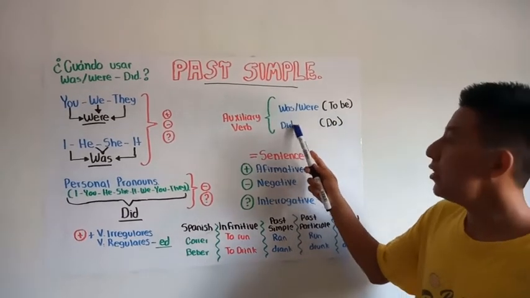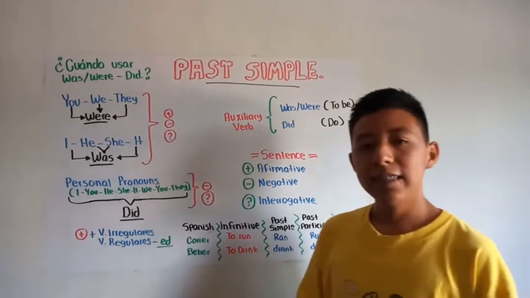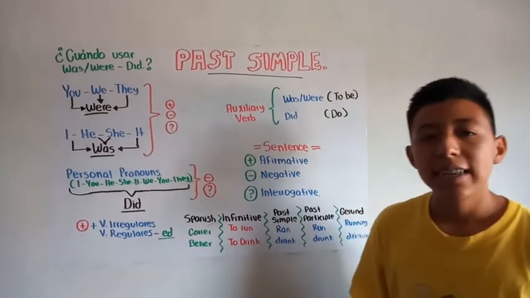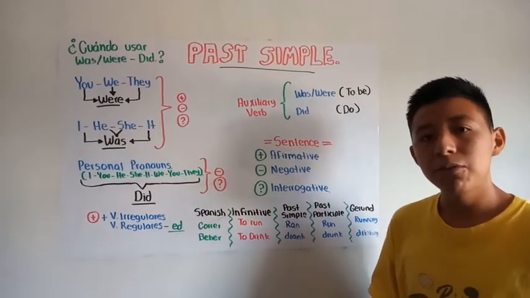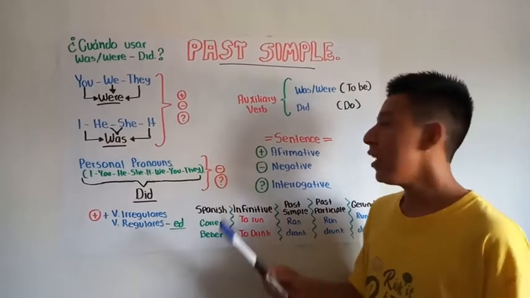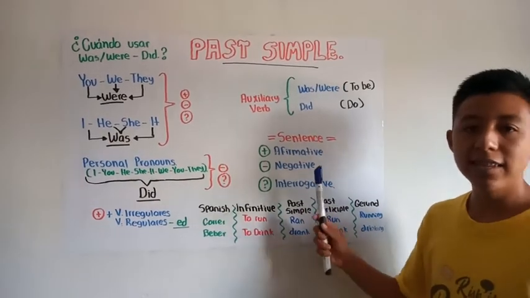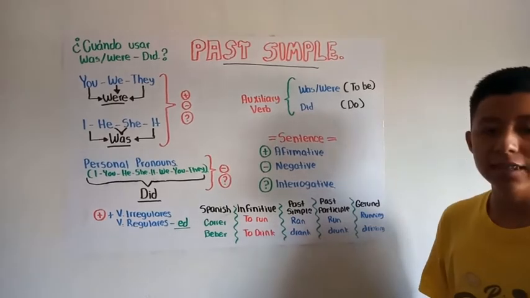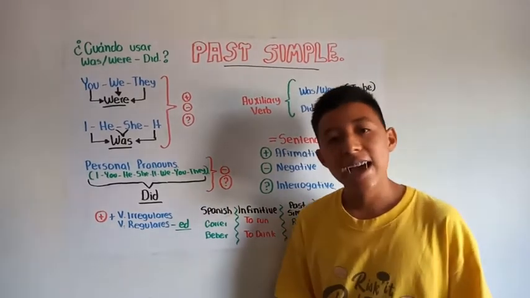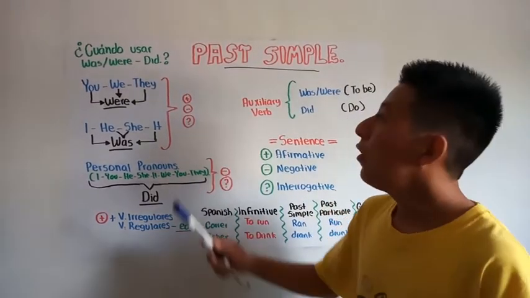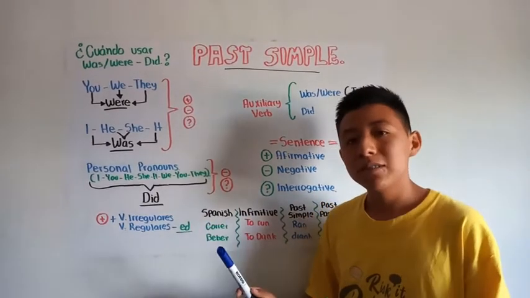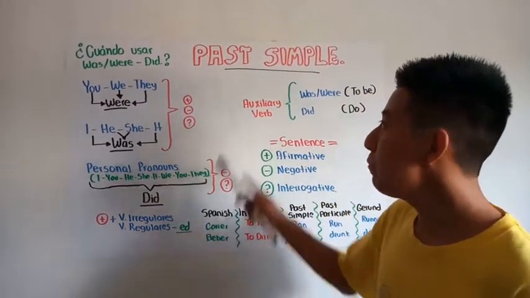did. Now, in this beautiful language, there are 3 different forms to write a sentence. It could be an affirmative sentence, negative sentence, or interrogative sentence. And today, I am going to test you on when you can use the word was, were, or the word did in past simple.